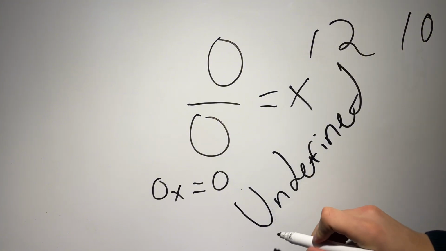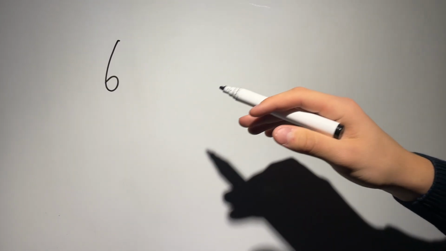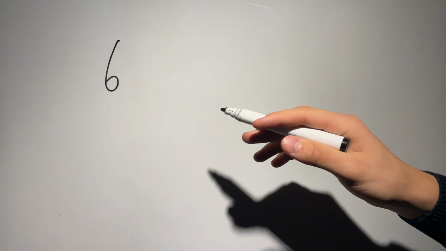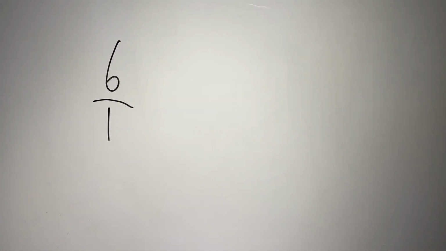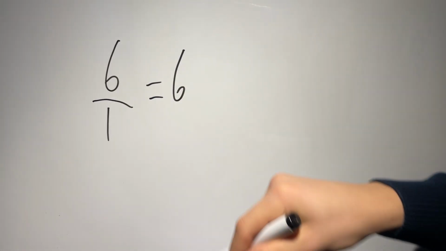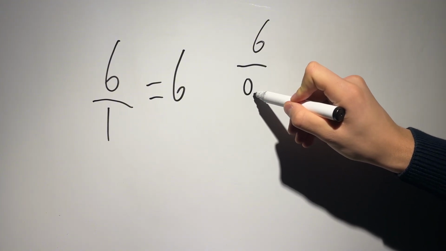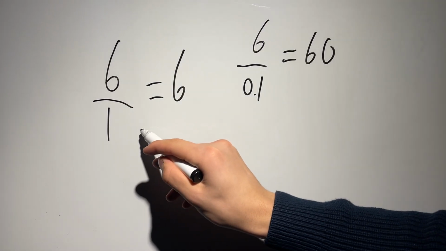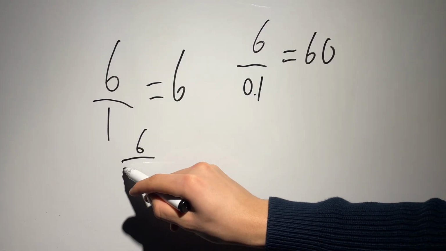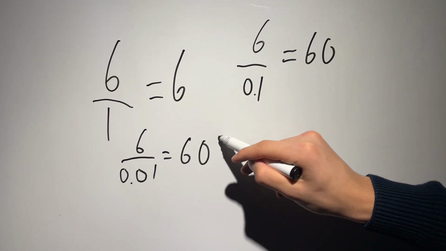Let's look at a few more examples. If we start dividing 6 by smaller and smaller numbers, we're going to see that something strange happens. For example, 6 divided by 1 is 6. 6 divided by 0.1 equals 60. 6 divided by 0.01 equals 600.